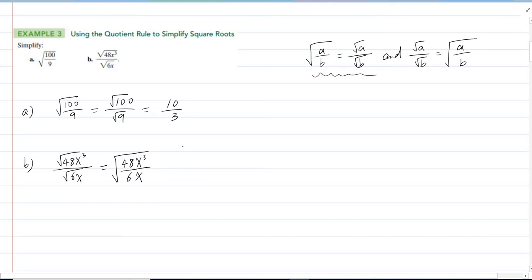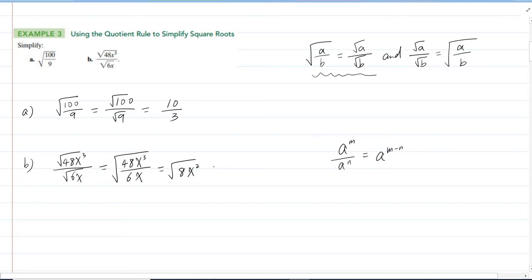So we can simplify this: 48 over 6 just gives us what? That will be 8. So x cubed over x just gives us x squared. In case you forgot about this, you learned this I think in a previous lesson, so you can write this as an m minus n power.